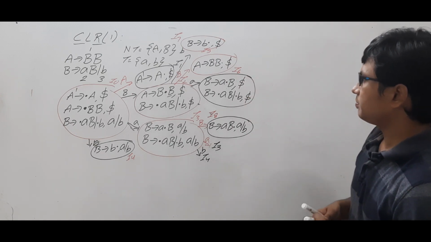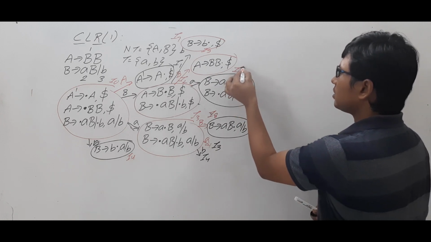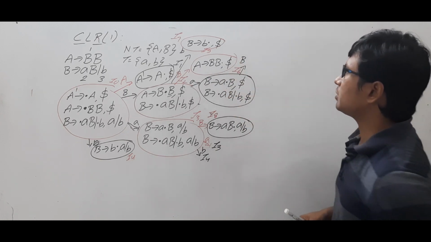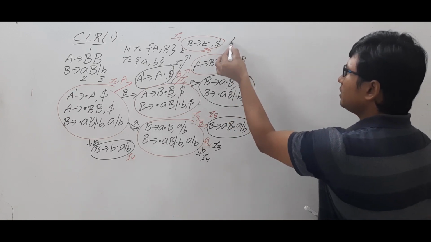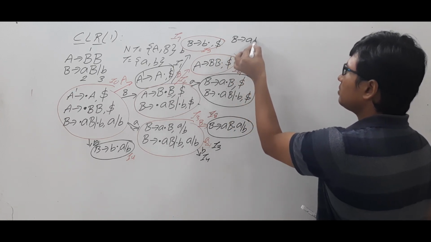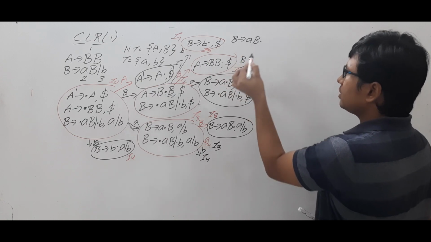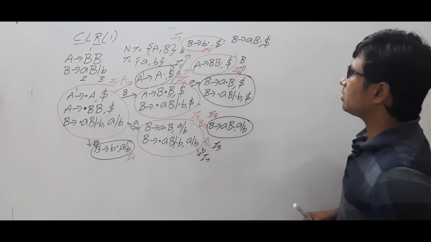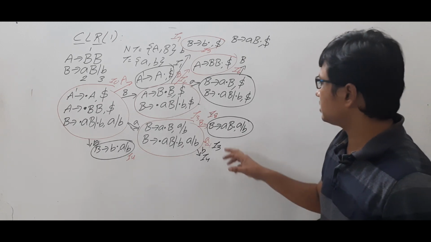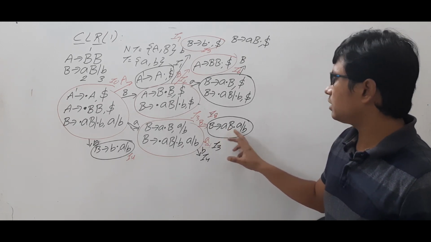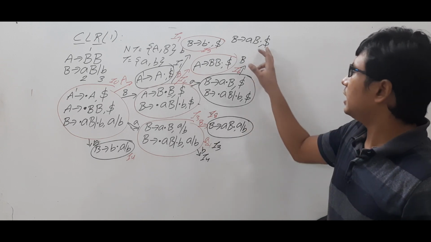Okay. Now on I6 on B what will happen? We will look at it. Okay. It will be B determines AB dollar. Will you agree with me or not? AB dollar. Whether we got AB dollar previously, we got AB dot, but the look ahead is different and this one is different.